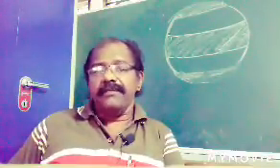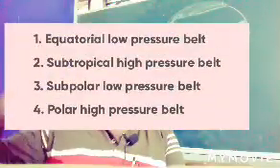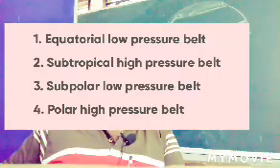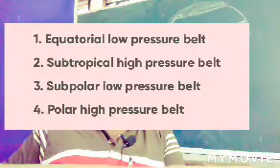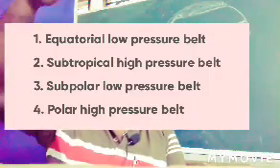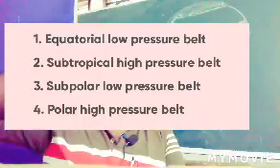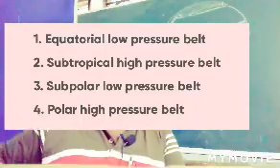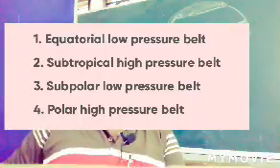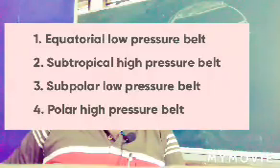Which four are present? Equatorial low pressure belt, subtropical high pressure belt, subpolar low pressure belt, and polar high pressure belt. In the northern hemisphere and southern hemisphere, in both areas these pressure belts are there. And these areas are called by other names also.